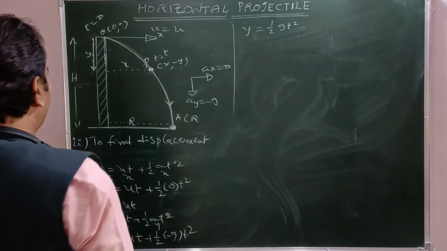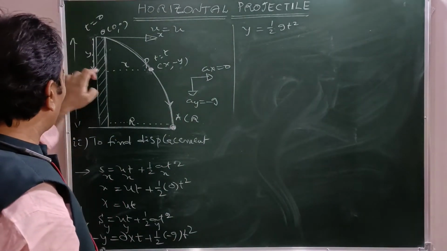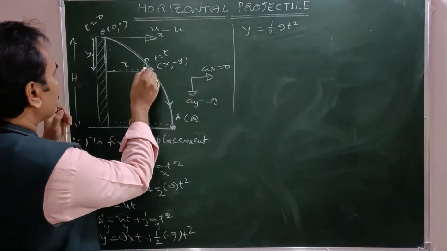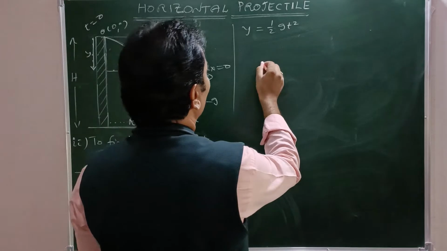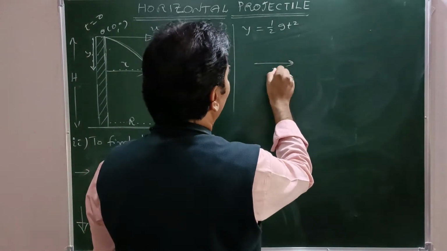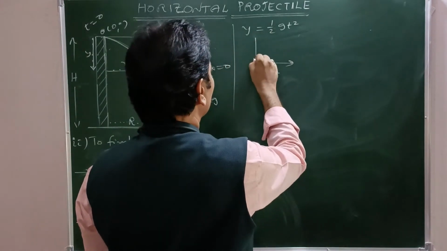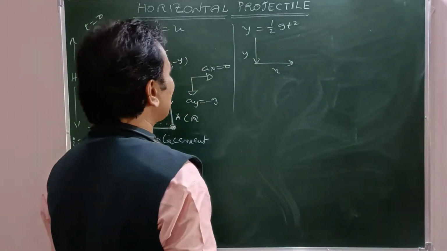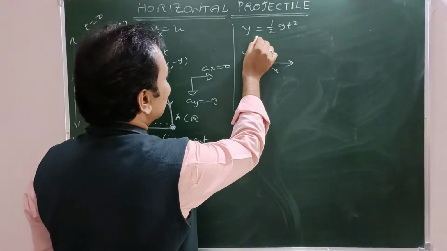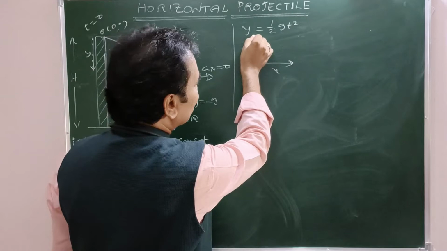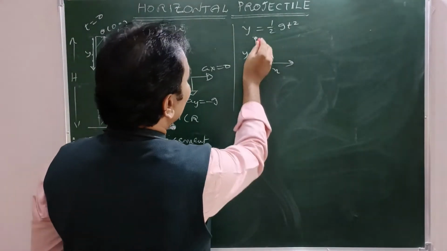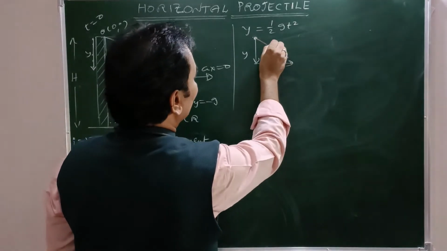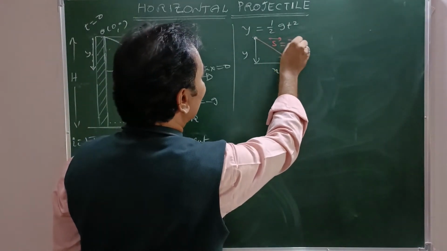Okay. Now I am highlighting these two components. Y downwards, x rightwards. Here it is x, here it is y. Now what is the displacement here? A line segment joining the initial position to the final position. This is the displacement. Here it is displacement S bar, otherwise position vector R bar.